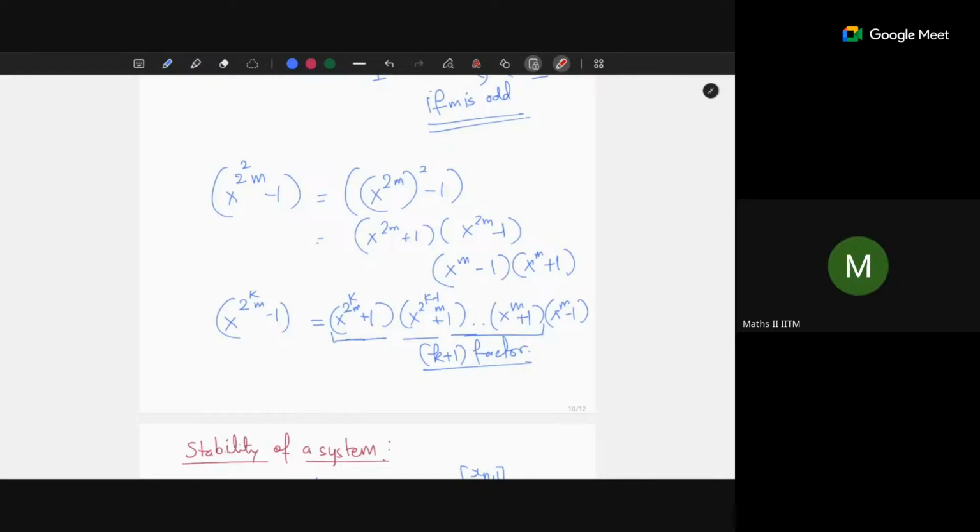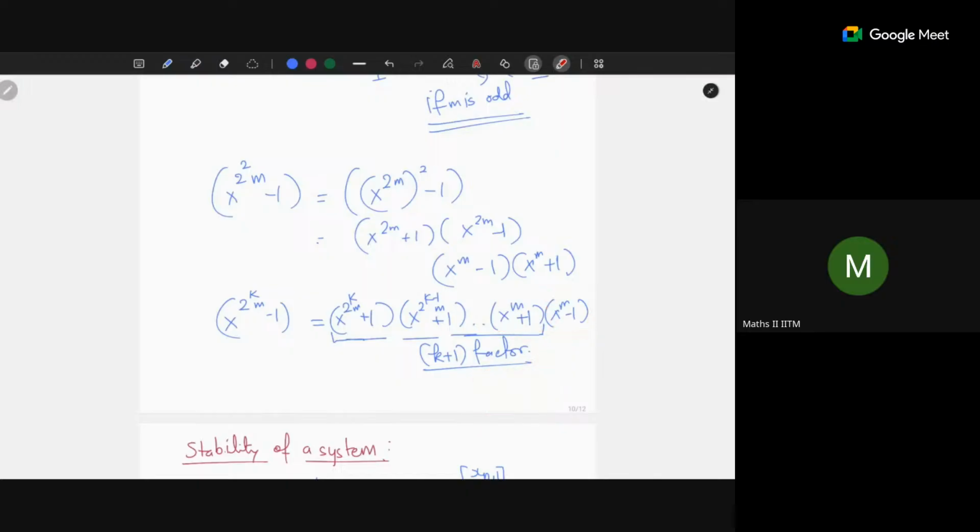Yeah, so you will have these two factors which will correspond to plus 1 and minus 1, right? For example, if you take this one, this is x to the m minus 1, and this is x to the m plus 1, because we need to equate the whole thing to 0. And now m is odd by our assumption.